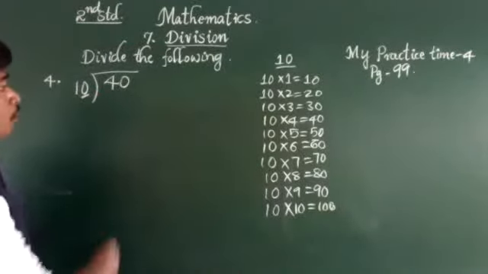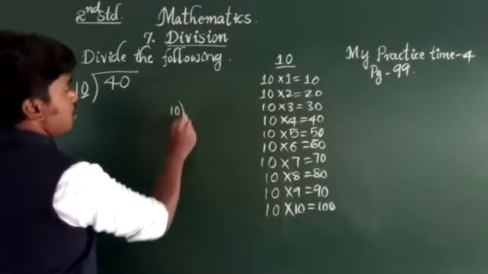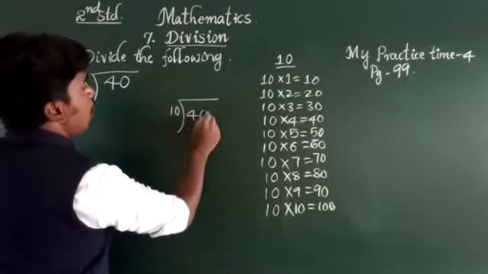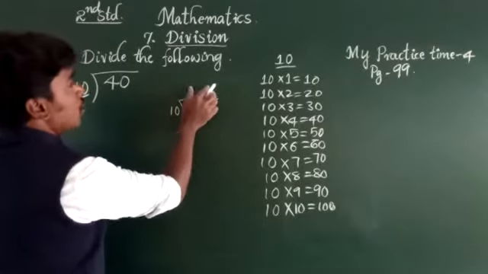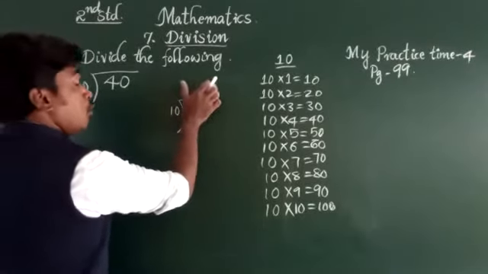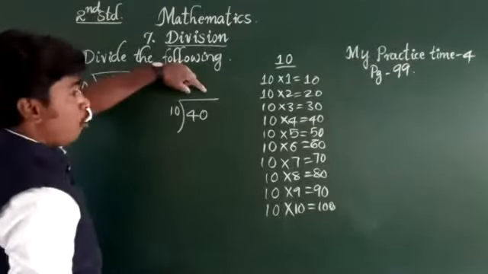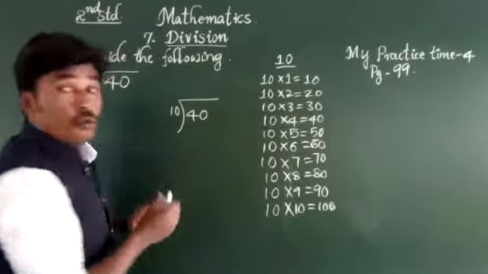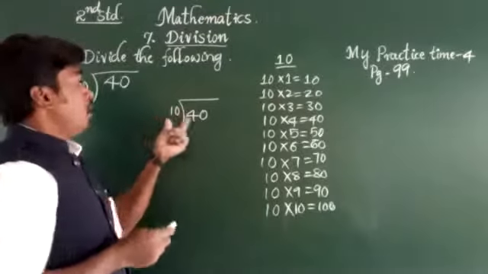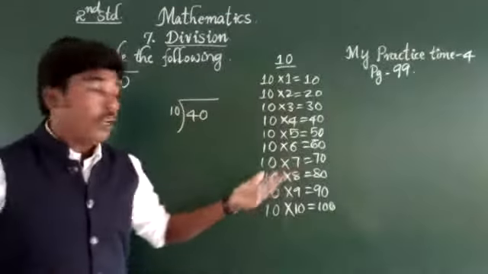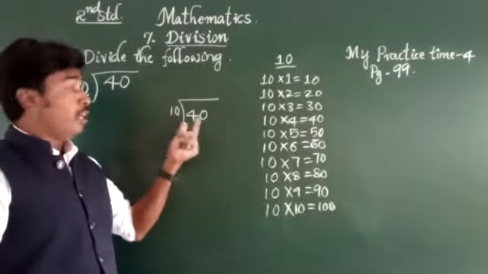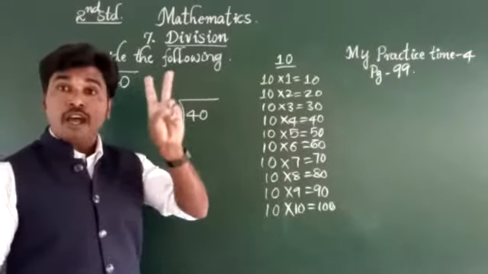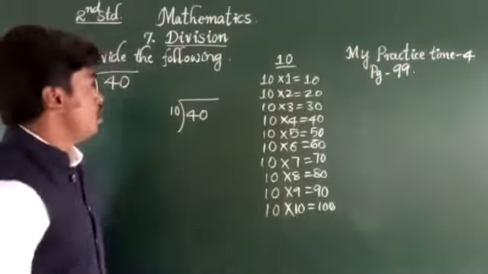Now you come to the problem. 10 is the divisor, 40 is the dividend. Here you need to write the quotient above this line. Dear students, 10 has 2 digits, 2 places. Here also 2 places. Directly you can take 2 places here because the divisor also has 2 digits.